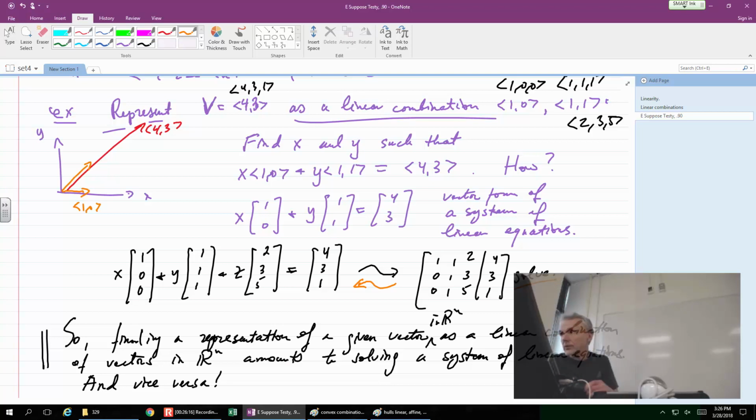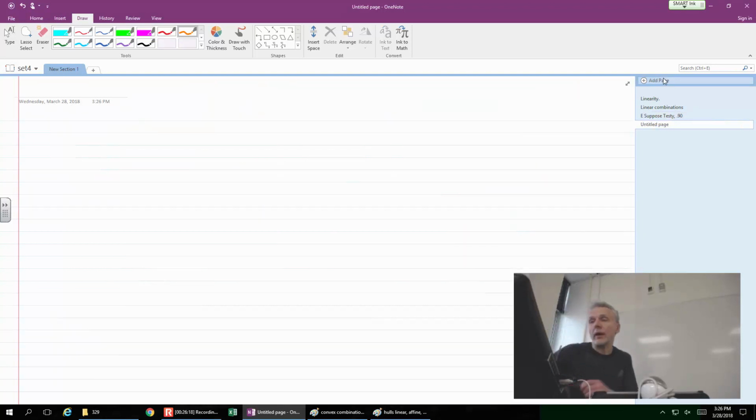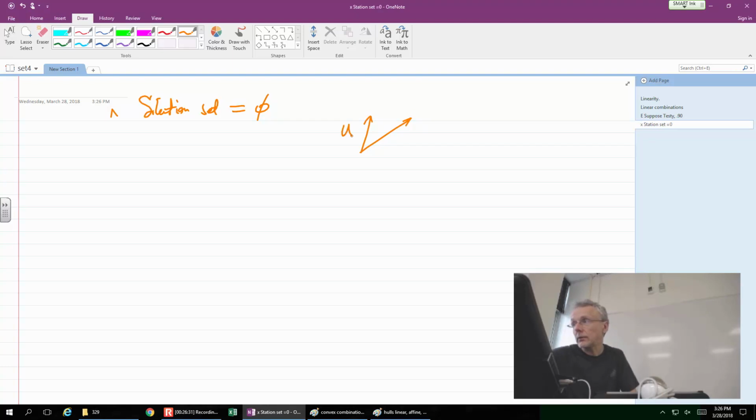Let's illustrate that. The solution set is empty. That's case number one. You have two vectors, say u and v, and you are representing some other vector w in terms of these. How can that happen?